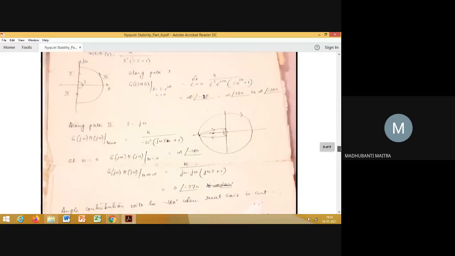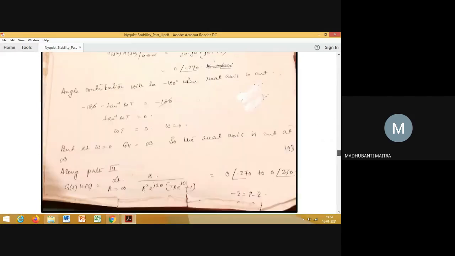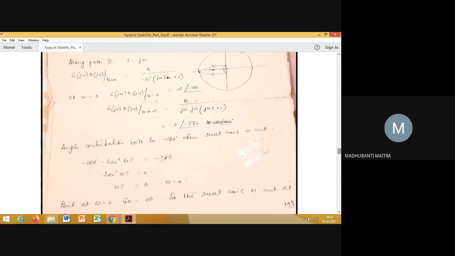So if the path intersects the negative real axis, then at that point, the net phase angle of the GH phasor will be minus 180 degree, right? The phase angle contribution of the poles when the frequency is omega is given by minus 180 degree minus tan inverse omega T, and for a particular value of omega, if the GH phasor intersects the negative real axis, then for that value of omega, the phase angle of the GH phasor will be equal to minus 180 degree.